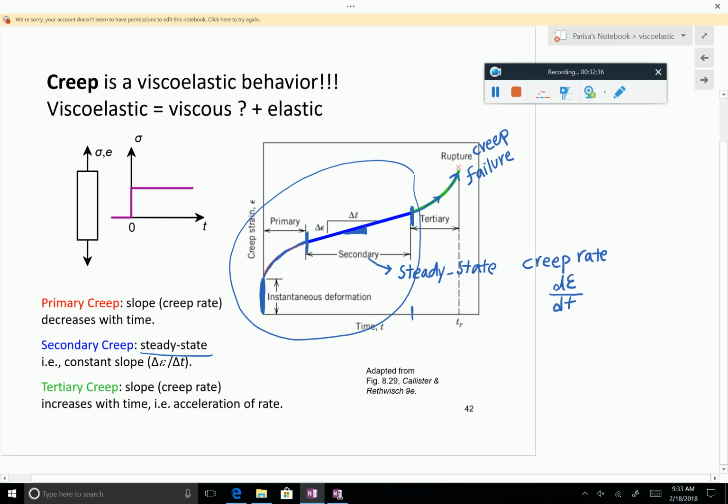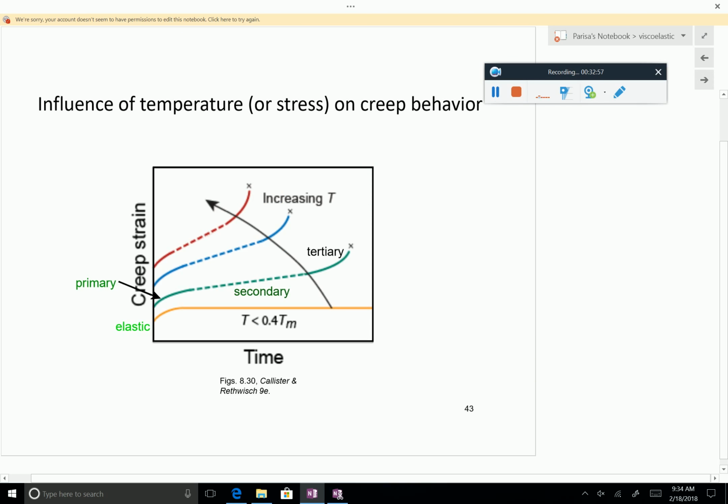So basically we were able to learn about viscoelastic models, which helps us describe this creep behavior. So we achieved what we set out to do. It's also important to recognize that because creep is a viscoelastic behavior, temperature has a very important effect on creep strain.